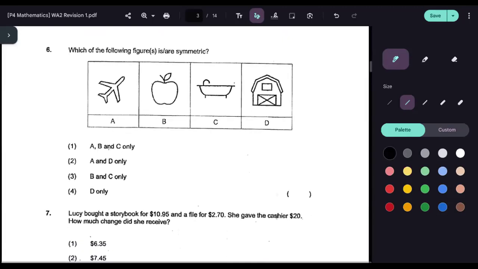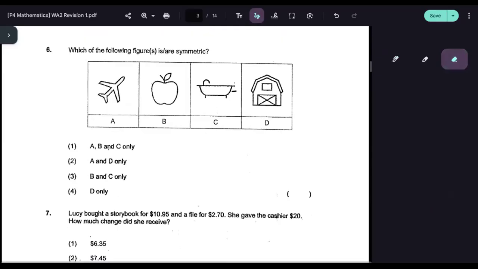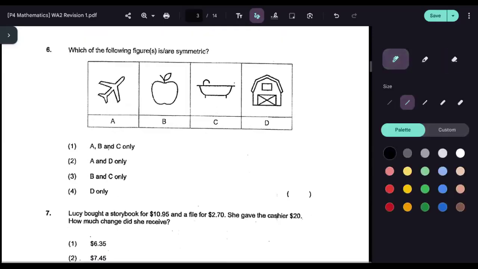This one. Which of the following figures is or are symmetric? Symmetric means when I draw my dotted line like this or this, I can tell that they are exactly the same. Both sides are exactly the same. So for this diagram over here, for option A, we have a plane.